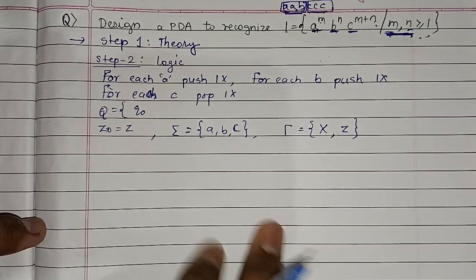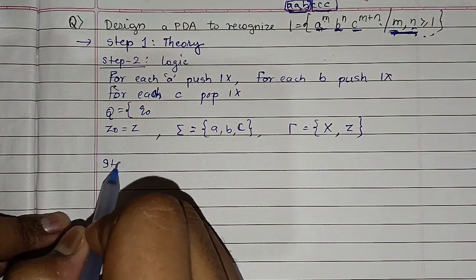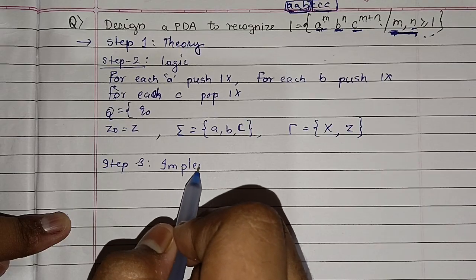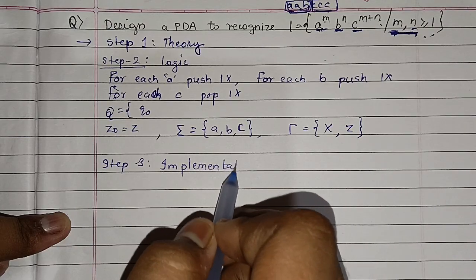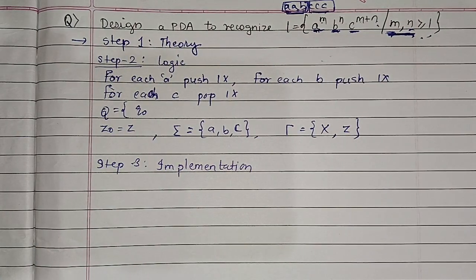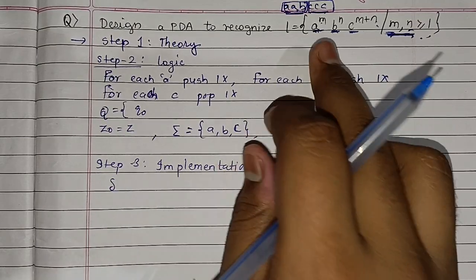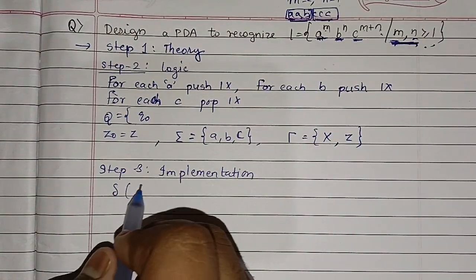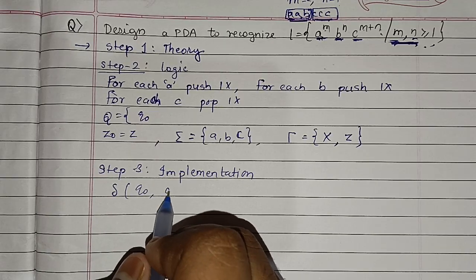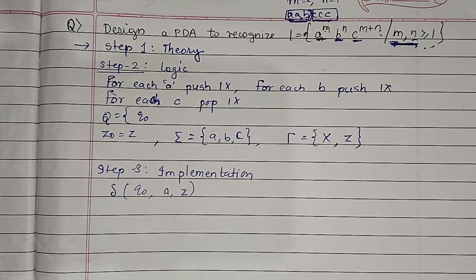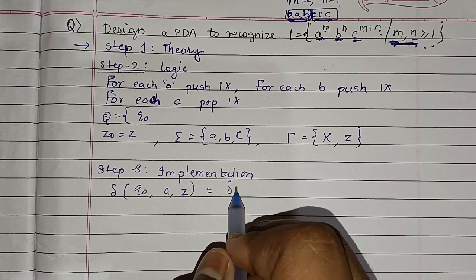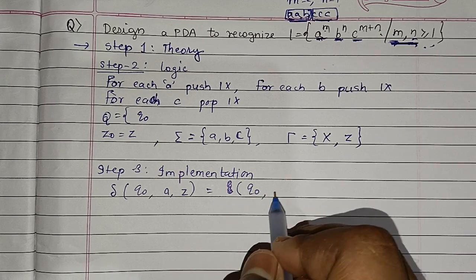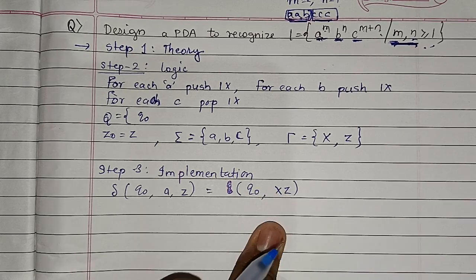Now our step 3 is the implementation. A followed by B, then followed by C. So starting with q0, a, and the stack top will be z only. I will, in the same state, push one x.